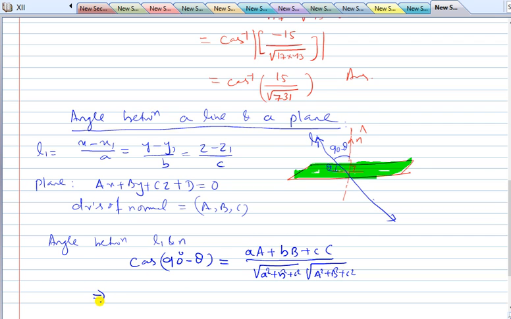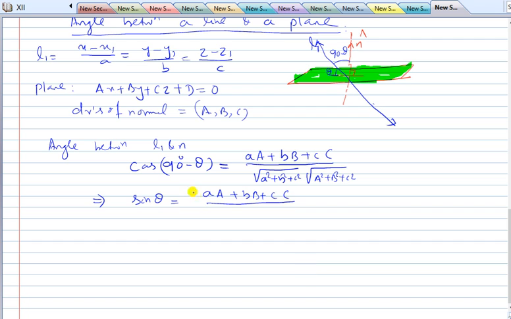So now I am interested in theta. So here I get sin theta, since cos of 90 minus theta I can write as sin theta. It is equal to aA plus bB plus cC divided by under root of a square plus b square plus c square into under root of A square plus B square plus C square.